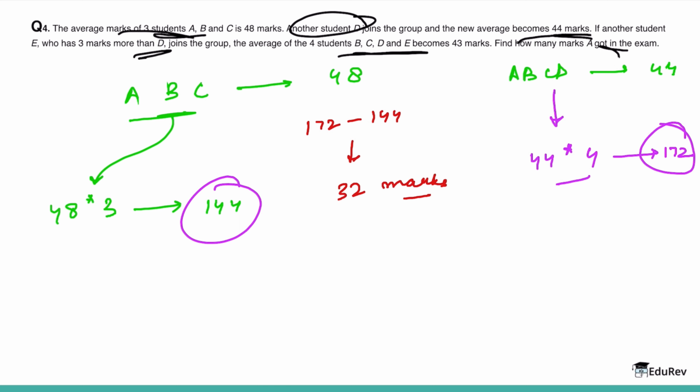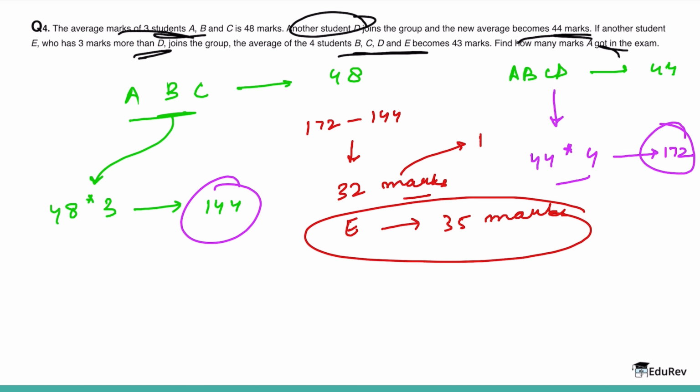Now the first part of the third sentence gives the information about E getting 3 marks more than 32. So the marks for E is going to be 35 marks. E has 35 marks and D has 32 marks. Now it's further stated that when A is replaced by E, the average marks is reduced by 1 to 43.